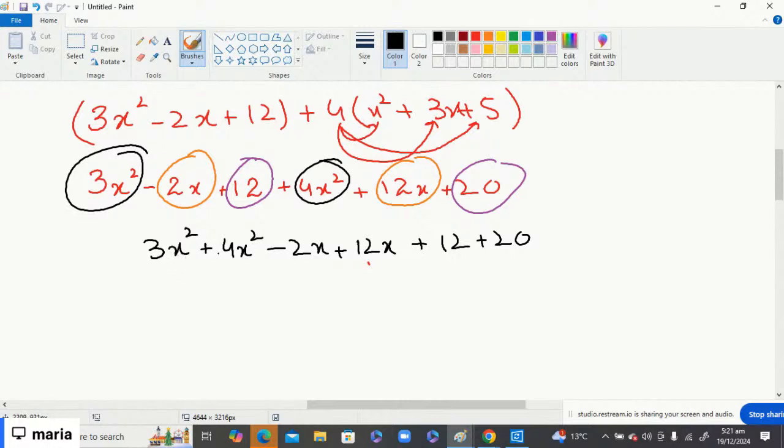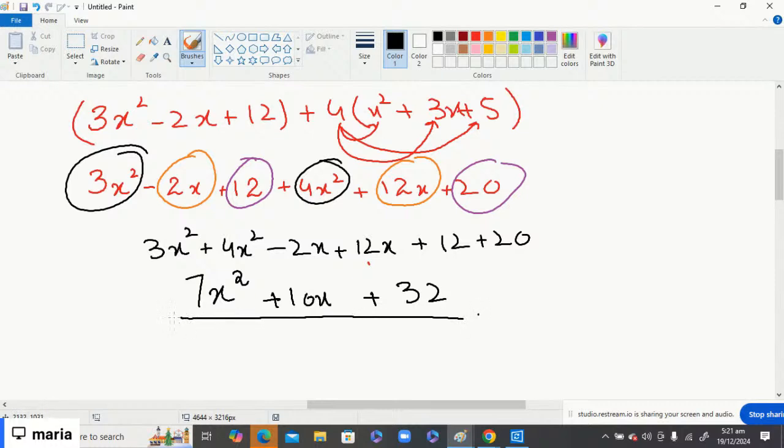Now 3x square plus 4x square is 7x square, and minus 2 plus 12 becomes plus 10x, and plus 20 plus 12 is 32. This is the answer that we get.